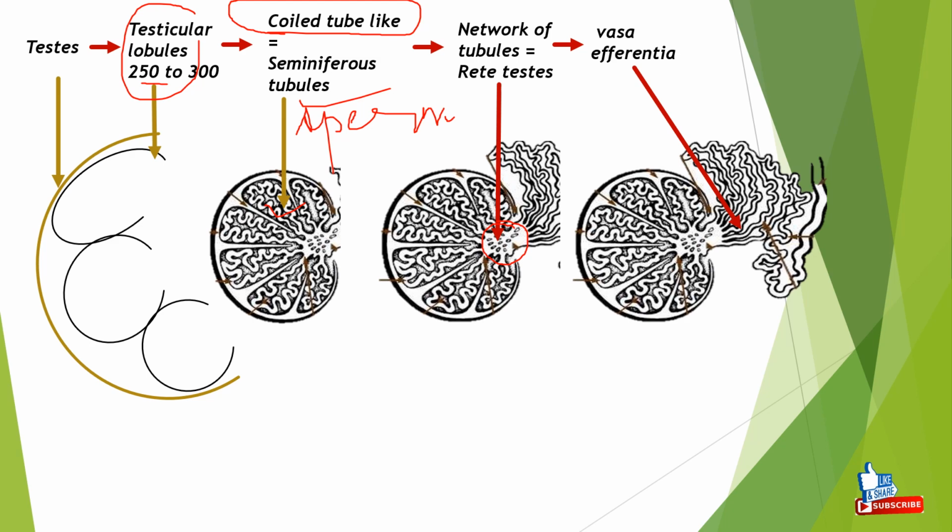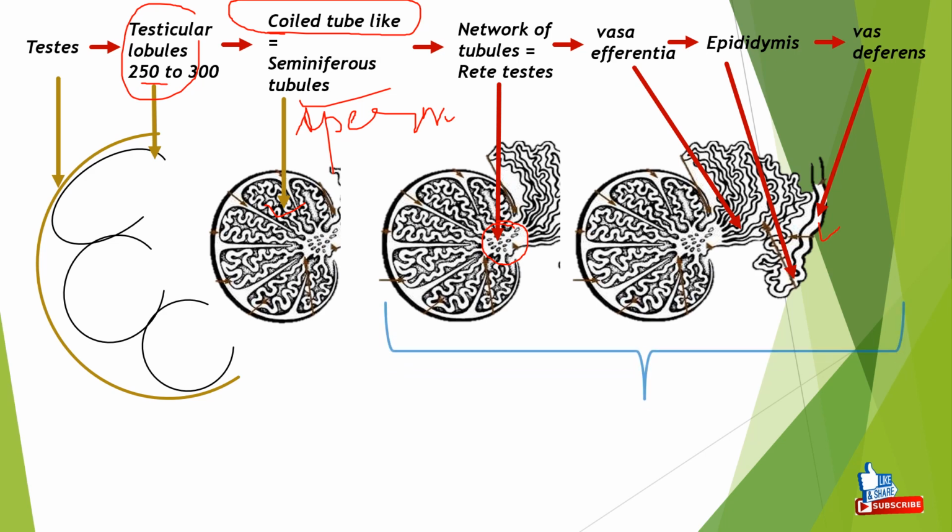You can see here, these are further growing as vasa efferentia. Then these vasa efferentia lead to the epididymis. This highly coiled part that you can see over here is the epididymis, and this epididymis will further lead to the vas deferens. This part is the vas deferens.